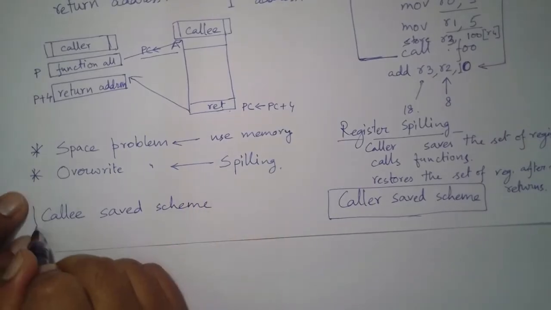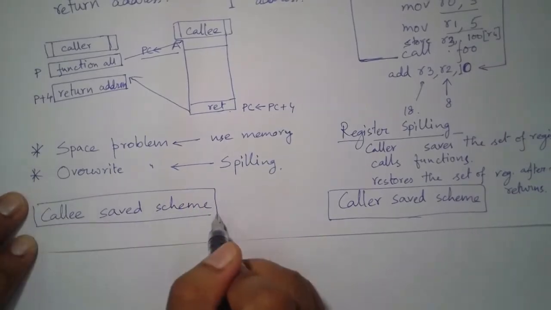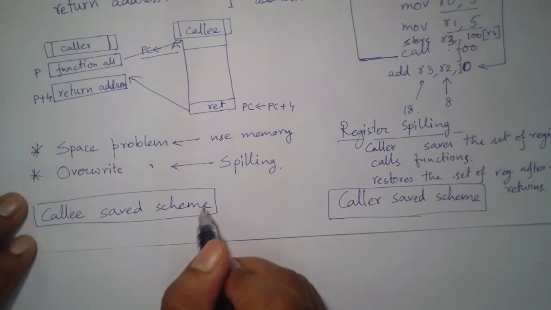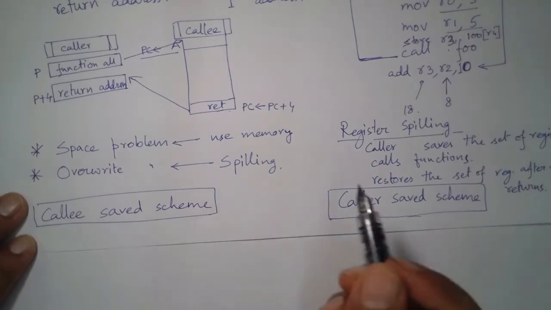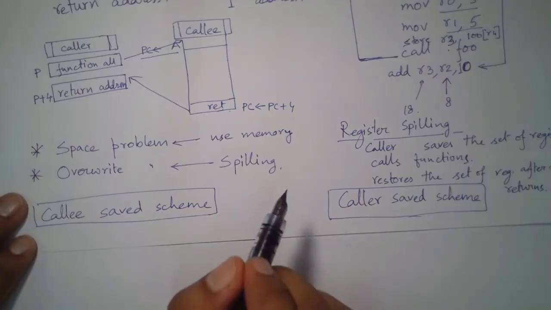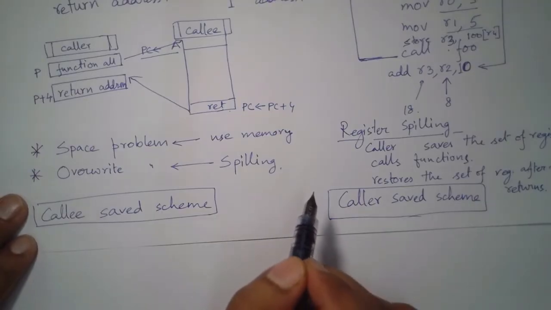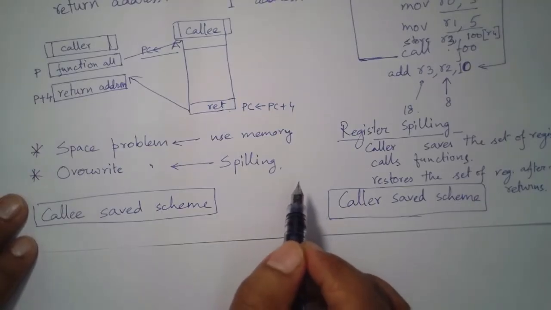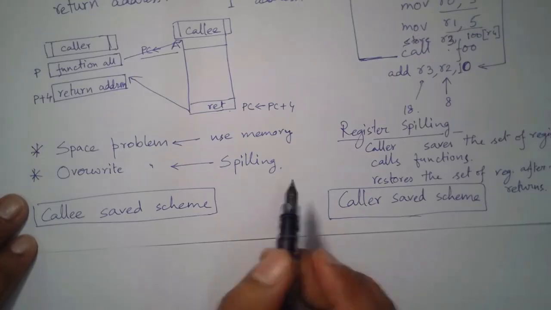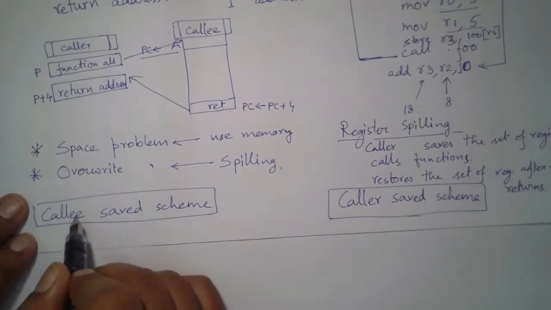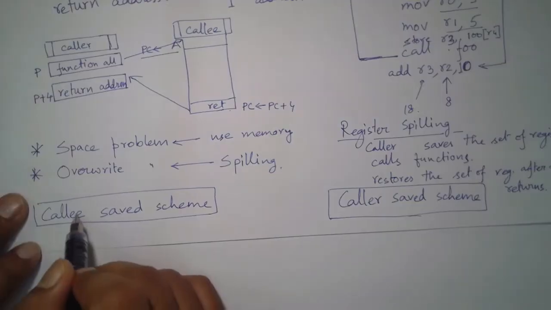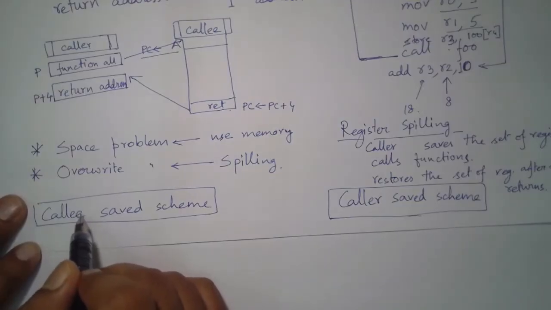So, what is callee saved scheme? As the name suggests, here the caller does not do anything. Whenever the function call is there, it just goes to that function. Now, here callee is responsible for saving the registers.